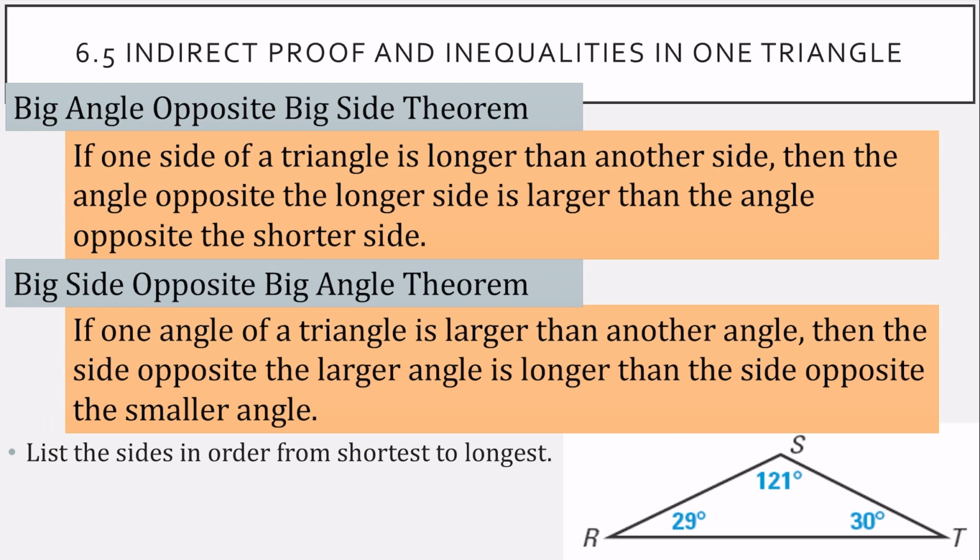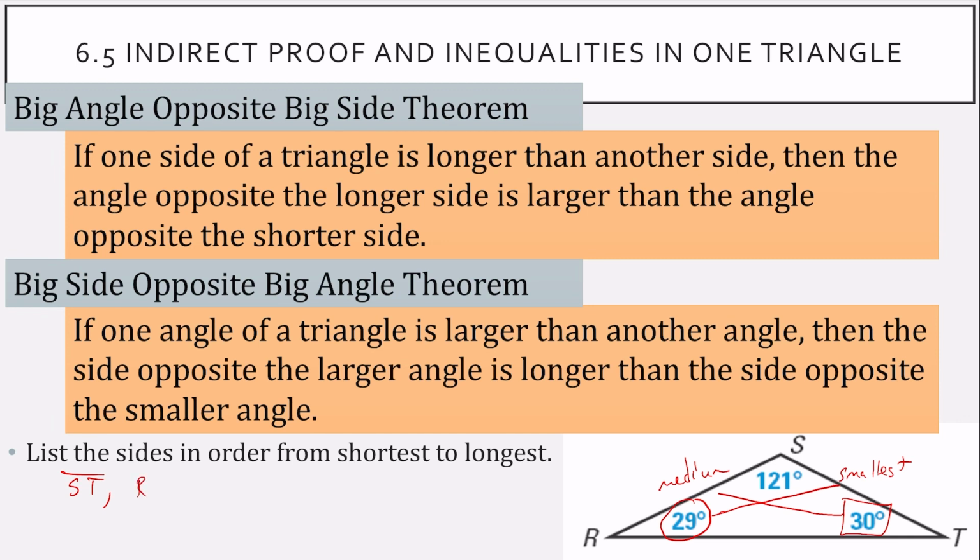So here's angles. Let's list the sides in order from shortest. If I want the shortest, I'm going to start with the smallest angle. So there's my smallest angle. So that is the smallest side. So the shortest one is ST. And then the next one, the middle one, I'm going to call it the medium one, is there.